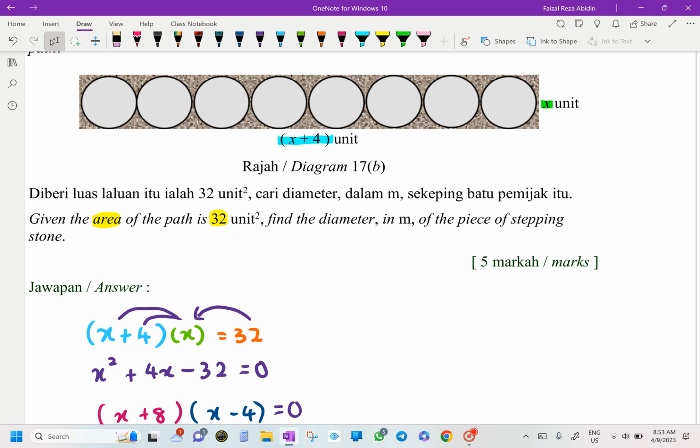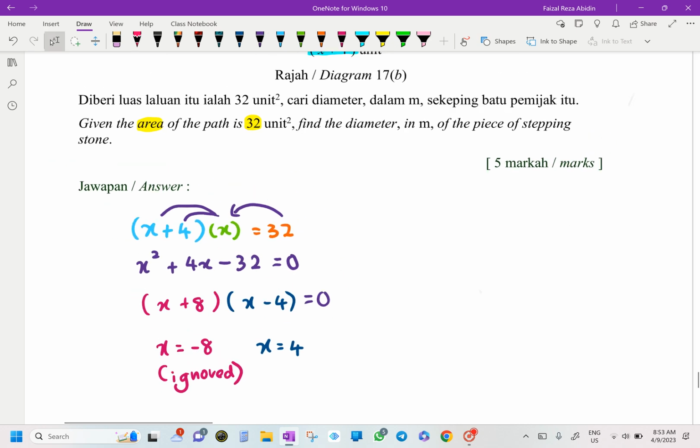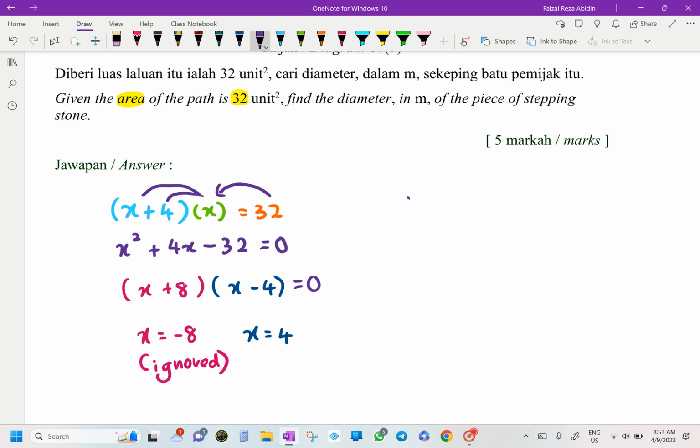Diameter. Diameter. Got the answer already. Why do you want to plus 4? Right. So your diameter is going to be 4 meter. That's your answer. 5 marks given.